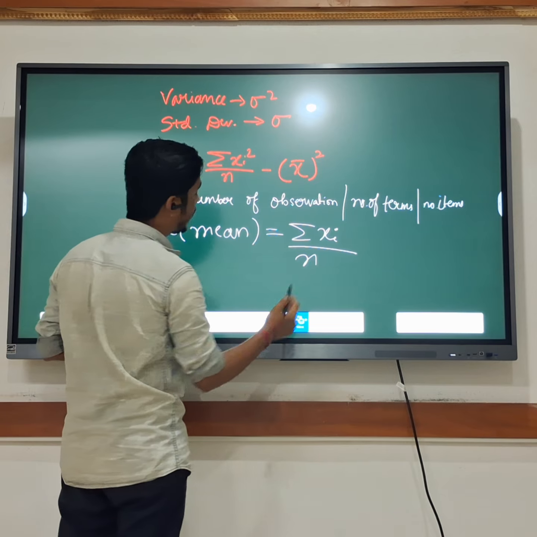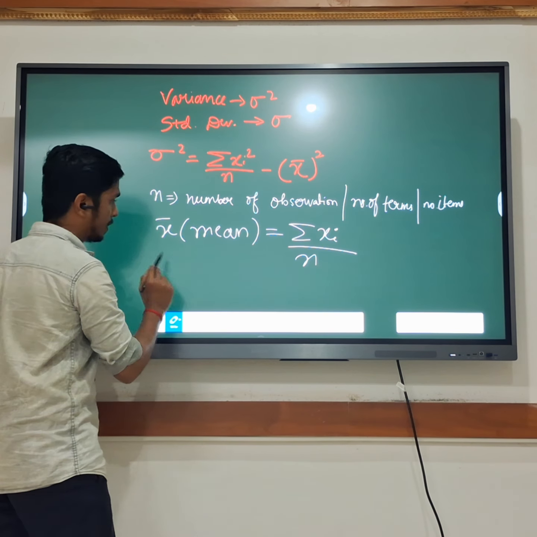What is sigma xi square? This is very important.